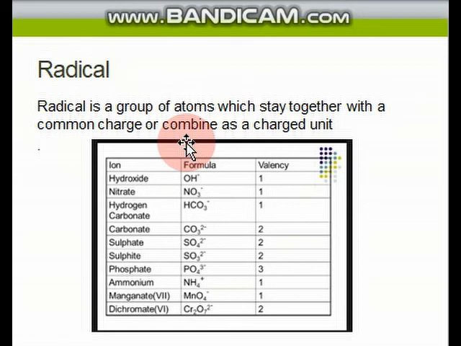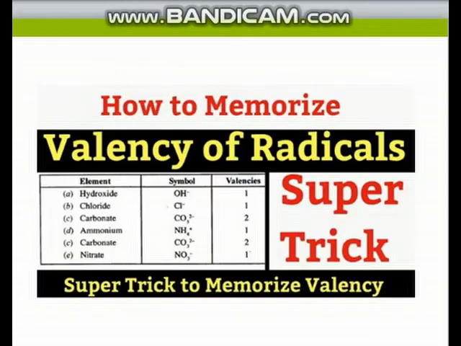With the other ones, you need to study them and master them. Now, a simple trick on how to memorize the valency of radicals: you just take the charge of it, and the number associated with it becomes its valency.